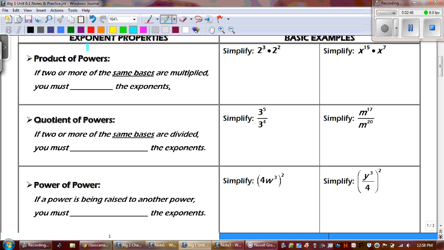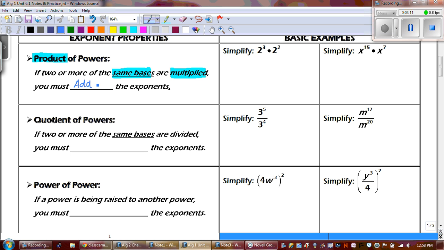Okay, so the first rule, we're talking about the product of a power. And in the word product, the product means to multiply, okay? So if you see 2 or more of the same base and they're multiplied, what we're going to do is add the exponents.